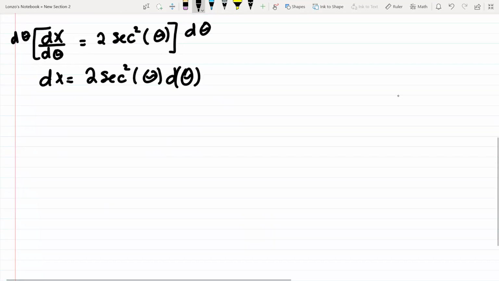So we can replace x with 2 tan theta plus 2.